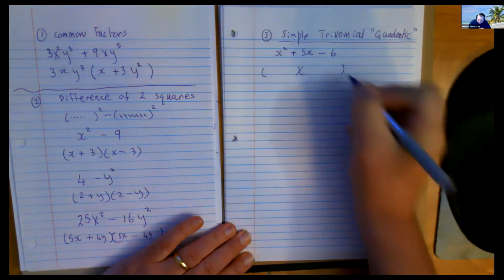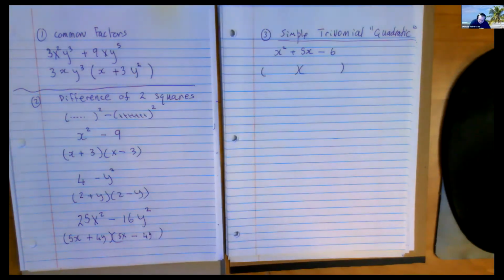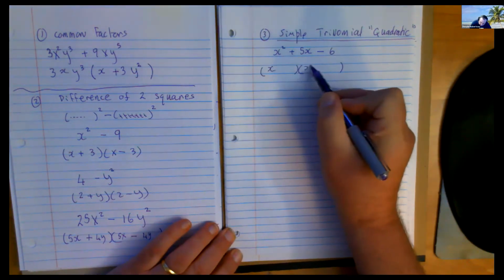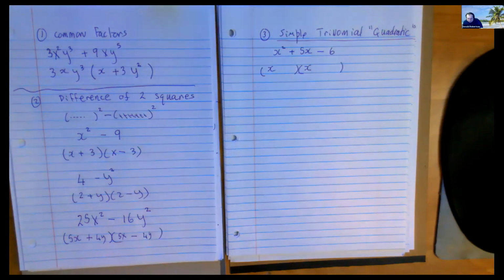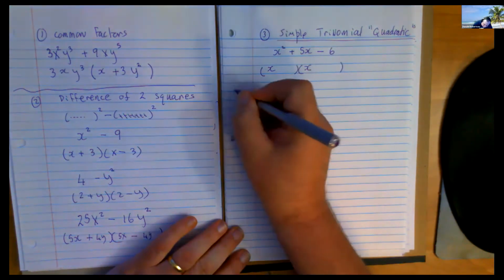Now, when you factor a simple trinomial, you get a double bracket. The x squared guarantees that these two guys are x. And then you look at this fella here and you say a sentence something like this.